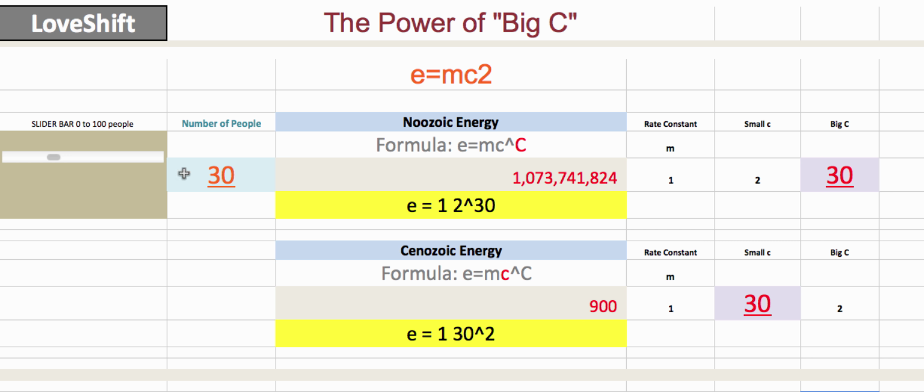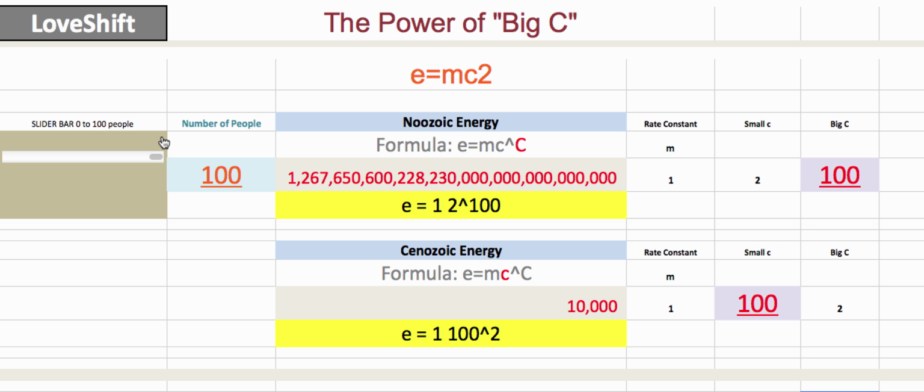This group was only 30 people. Let's keep going. Up we go. 40, 50, 60, 70, 80, 90, up to 100. Just 100 people who have figured out how to work together, how to share their thinking.